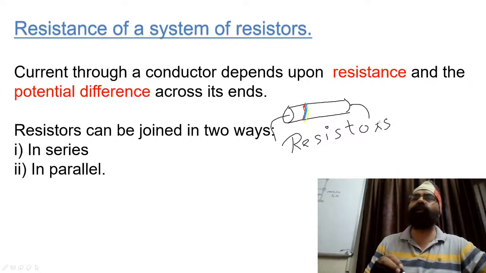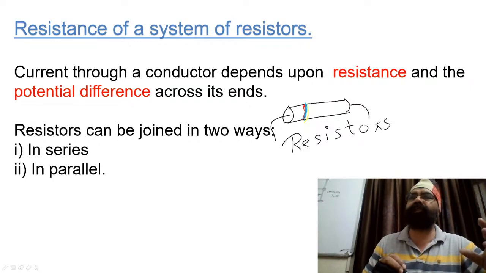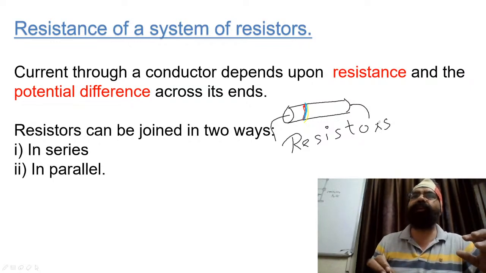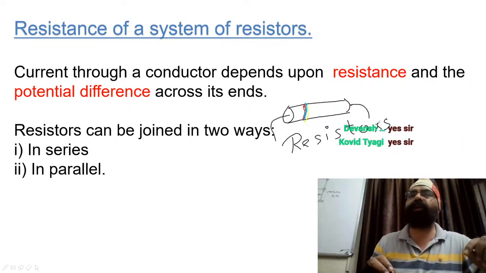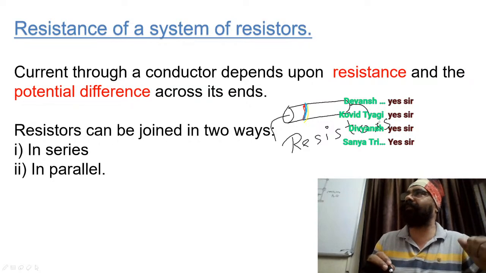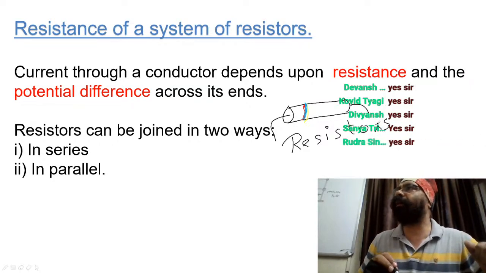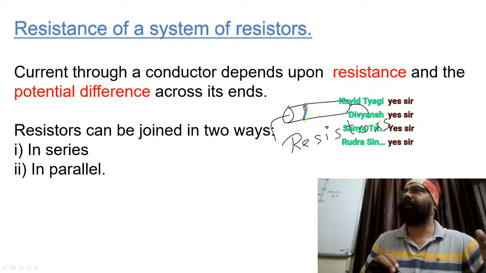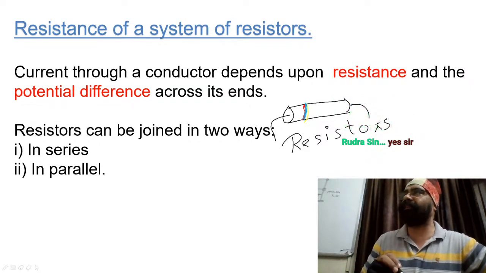So how do I manage the current which is going into them? There we use a combination of resistors. Now if I put more resistors, the current going will be less, right? On the other hand, if I don't use any resistor, then whatever current was coming, the entire current will go, because the supply is fixed.